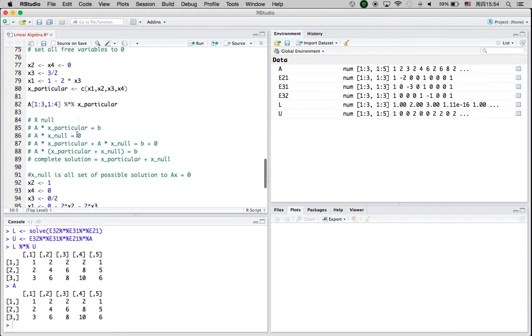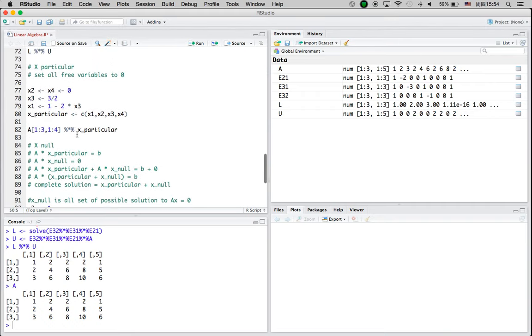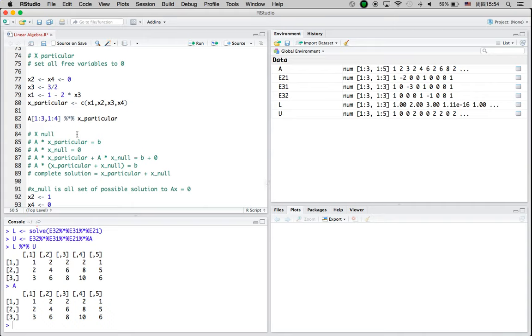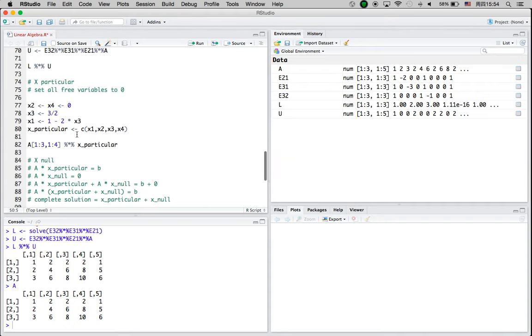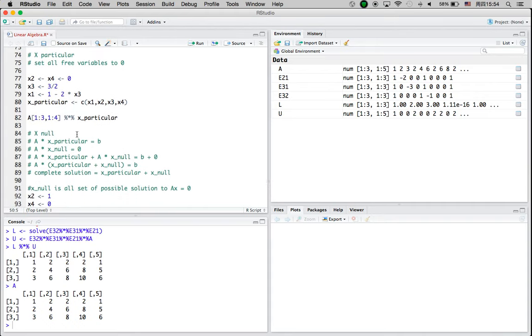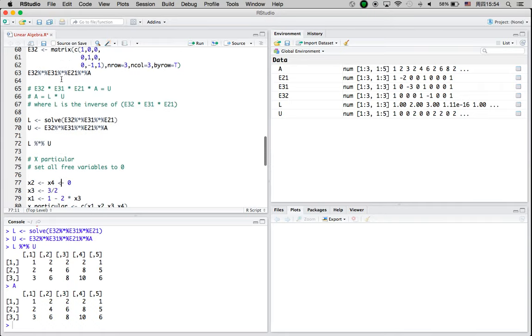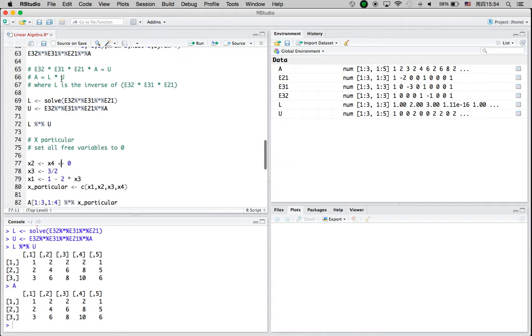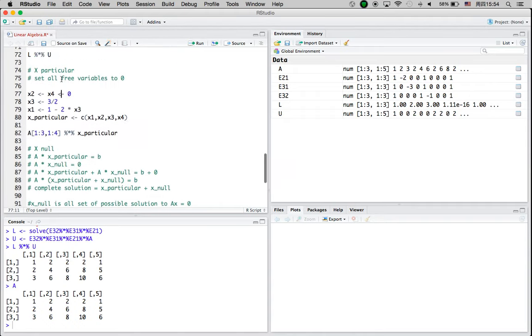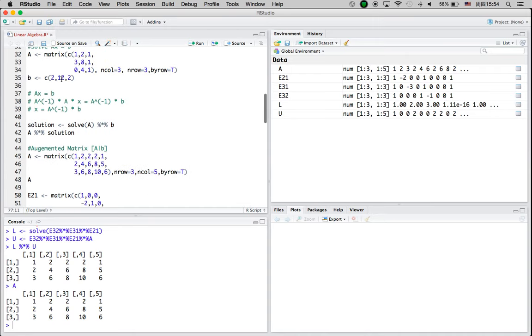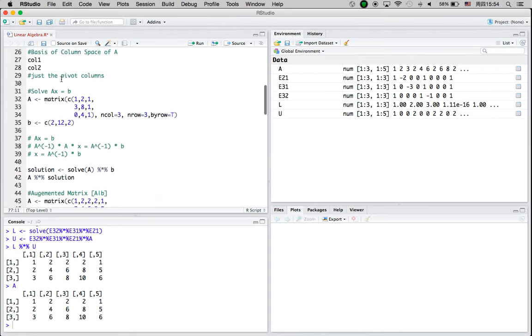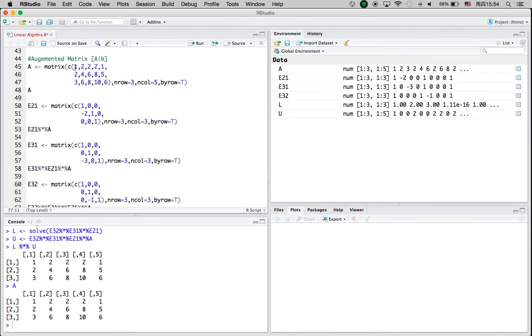Now let's take a look at solving a matrix that has more than one solution. Again we are still solving the same matrix here.